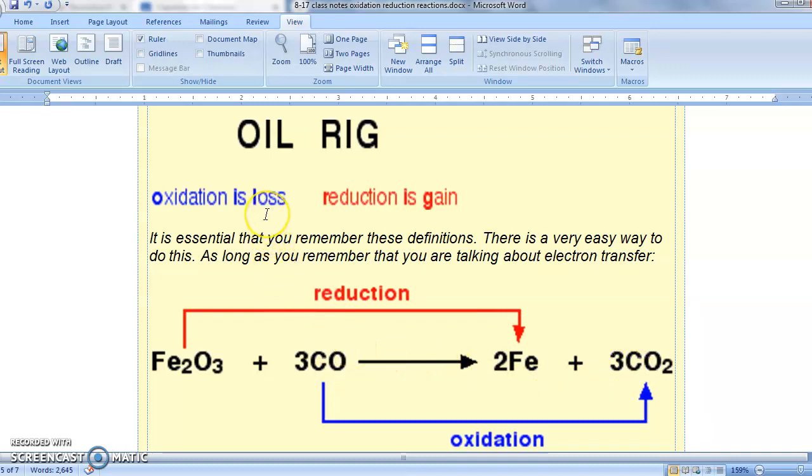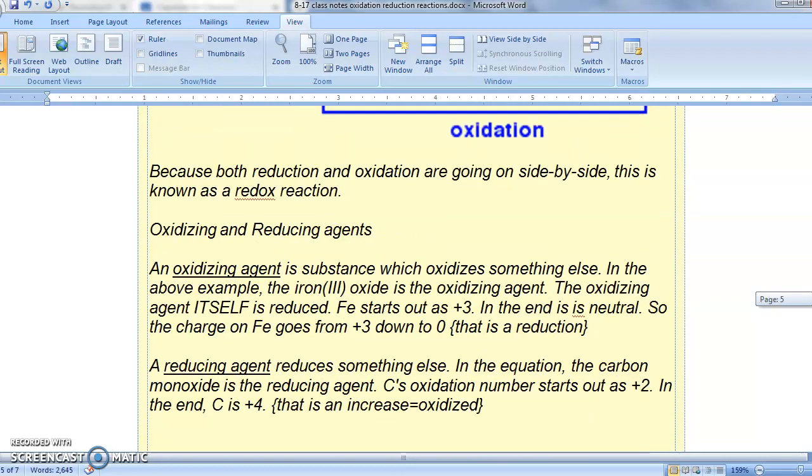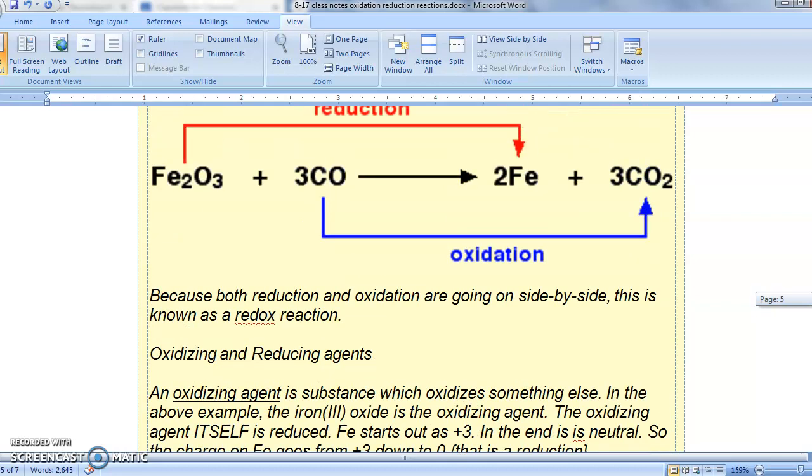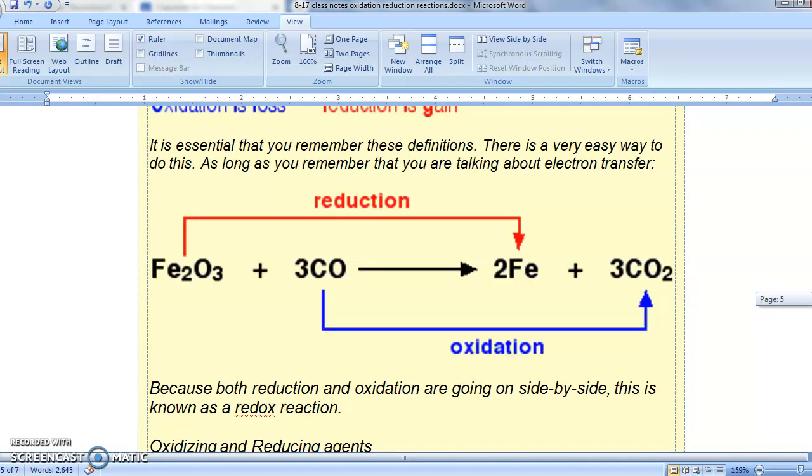It's lost control of 2 more of its electrons than it had before. Oxidation is loss. Now, iron was reduced. Carbon underwent oxidation.